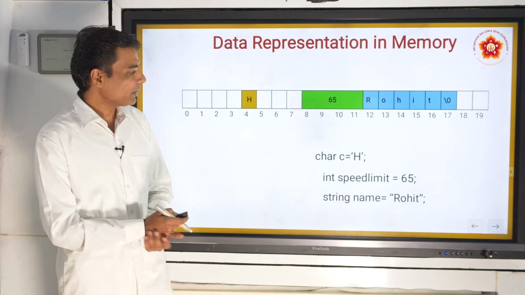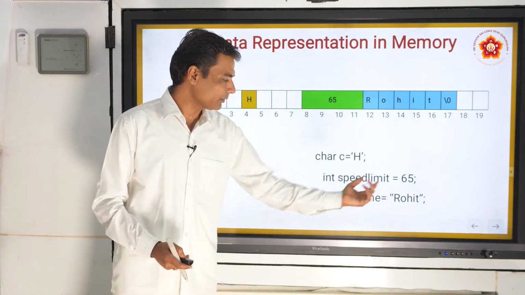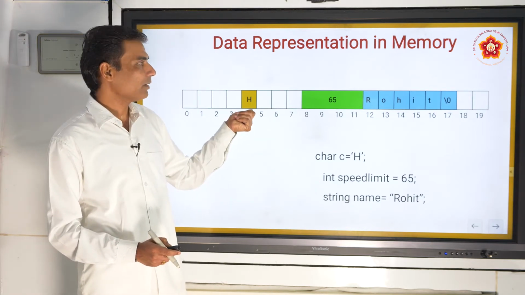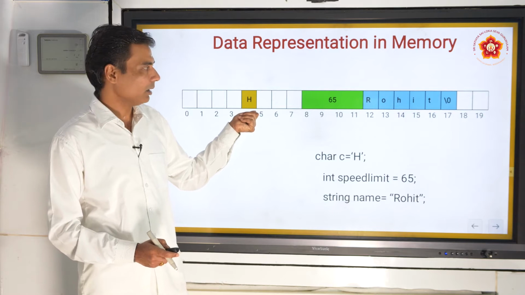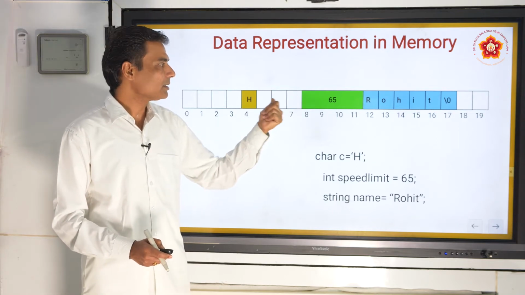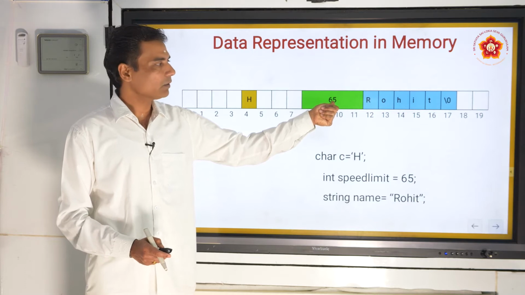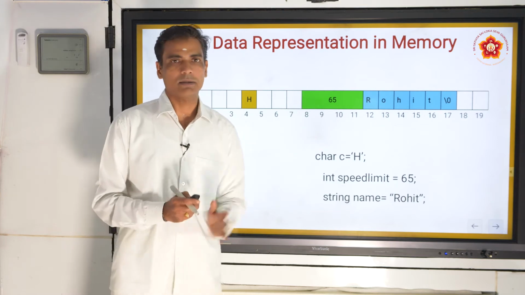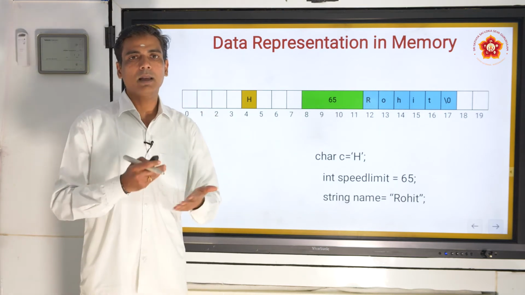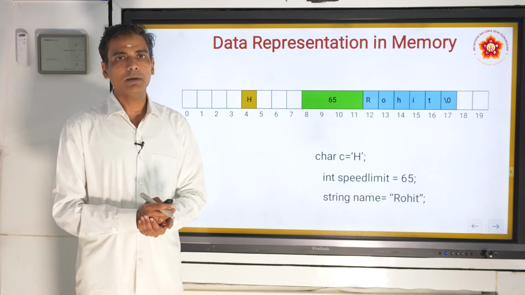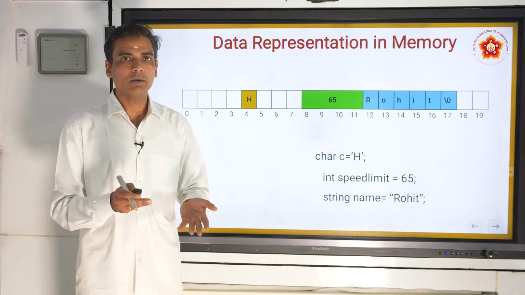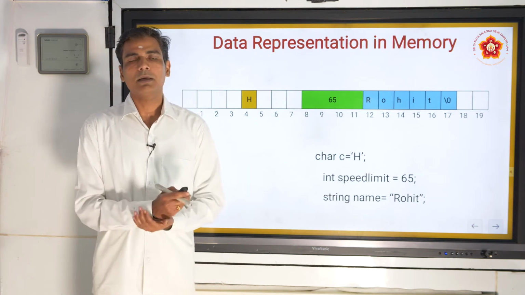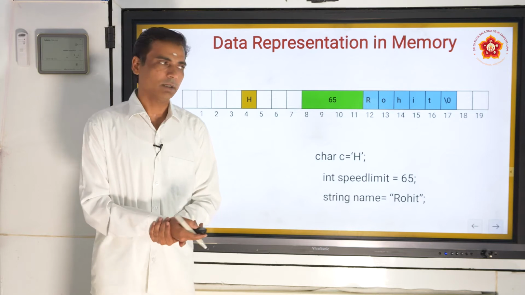And when we allocate another type of value, which is a string, that is a character array, one character value is allocated memory here, then some space is left, and then the integer value is allocated space, and after that the string array is allocated space. While allocating, the computer takes the present state of memory into consideration and then allocates accordingly, so we should not bother about it.